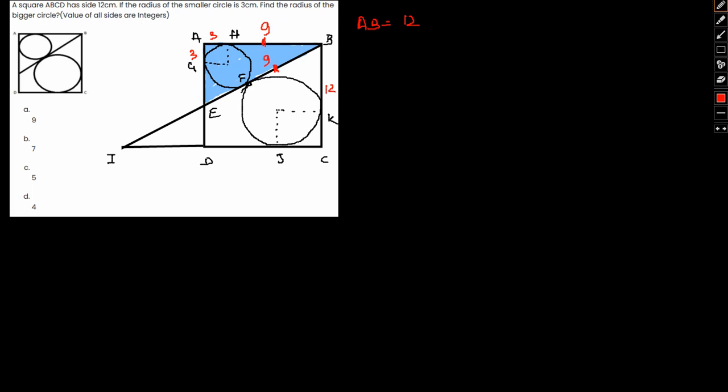So we know 12, 9 and 15 form a Pythagorean triplet. It is a right angle triangle because angle A is 90. 12 squared is 144, 9 squared is 81, and 15 squared is 225. Adding these we get 225. So yes, this is a Pythagorean triplet.